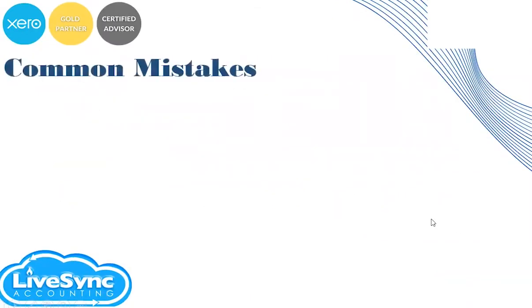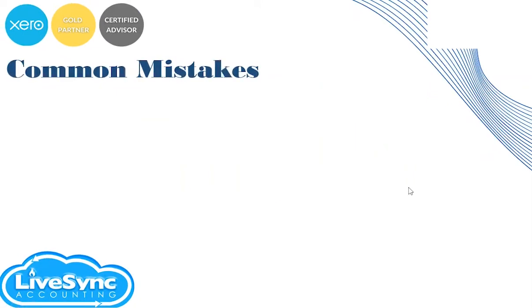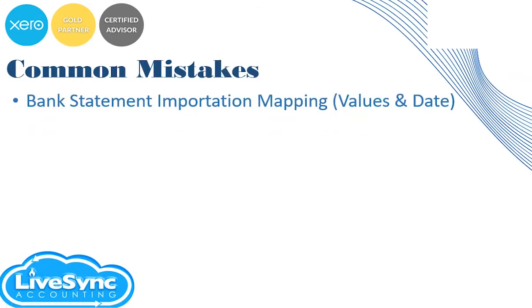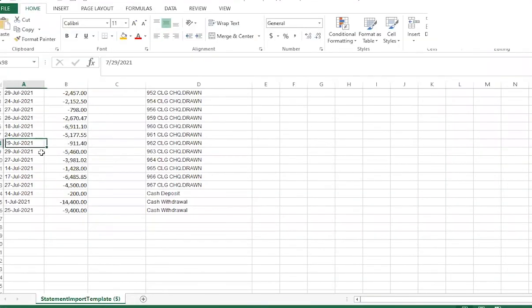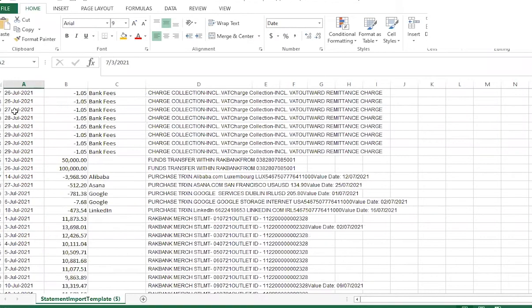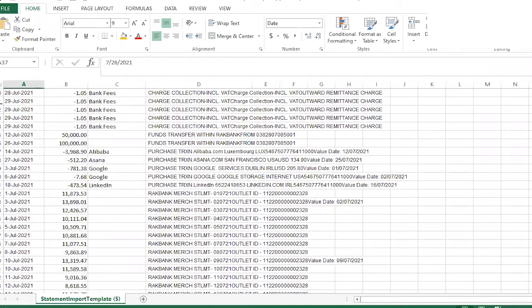Next, let's discuss the common mistakes made while doing the bank reconciliation. The first one would be the bank statement importation mapping. As I demonstrated earlier, the formatting of the date, the day, month, and year, you have to make sure that it has a format like this.